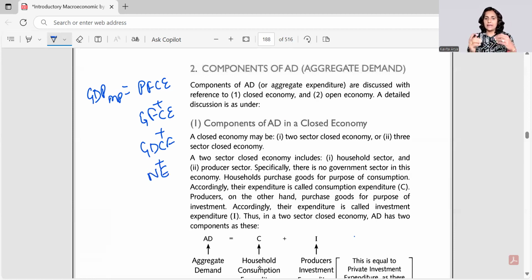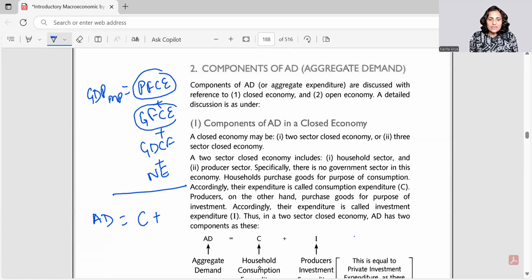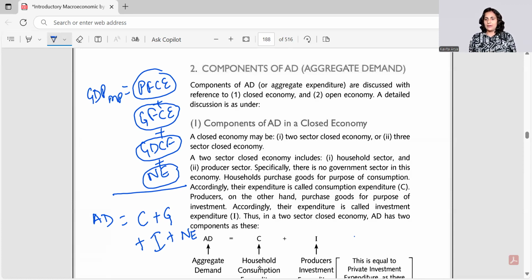Here, all the expenses are clubbed together. This becomes the base, and AD, the total demand, is showcased as follows. Private final consumption expenditure is nothing but the demand for consumption. Government final consumption expenditure is the demand put up by the government sector. Gross domestic capital formation is the demand for investment purposes. And net expenditure is exports minus imports, so net exports is there, right?